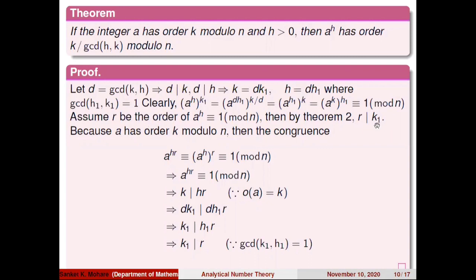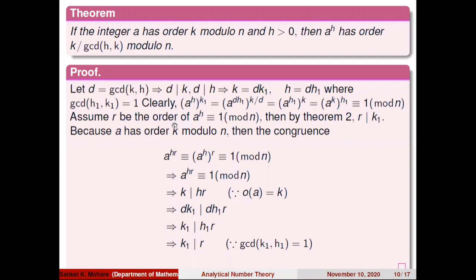Why does R divide K1? Because here we obtained (A to the power H) to the power K1 is congruent to 1 modulo N, and R is the order of A to the power H. So using that theorem, R divides K1. Which theorem do we use here?